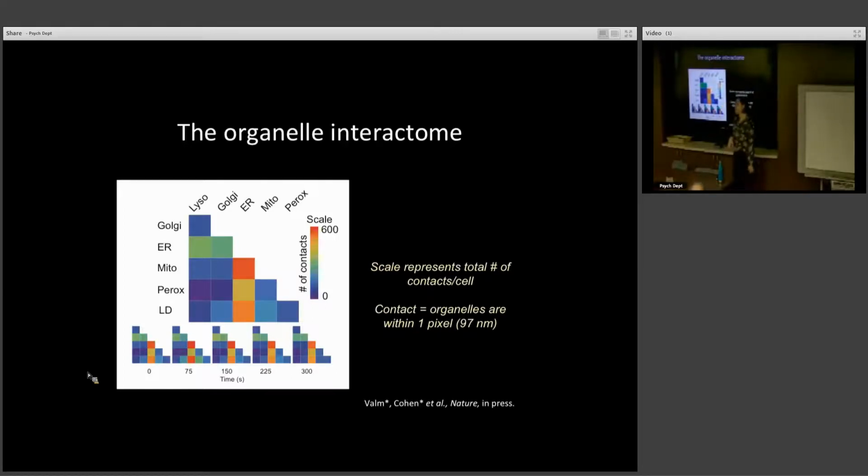And we were surprised to see that this overall pattern of organelle contacts was quite stable over time. So, I just showed you in the previous slide that the individual contacts are really transient and dynamic, but the overall pattern of contacts between organelles was really stable, at least over this 5-minute imaging period.